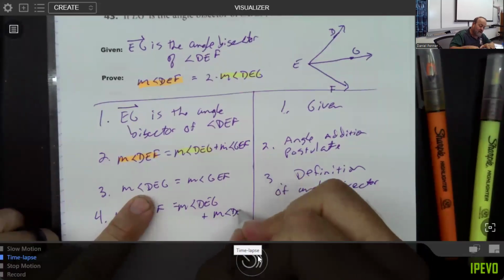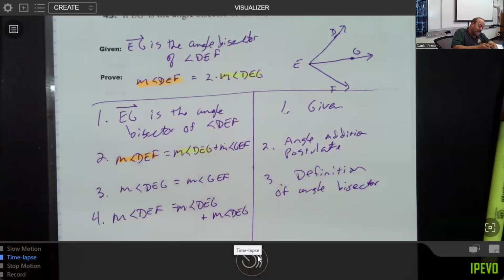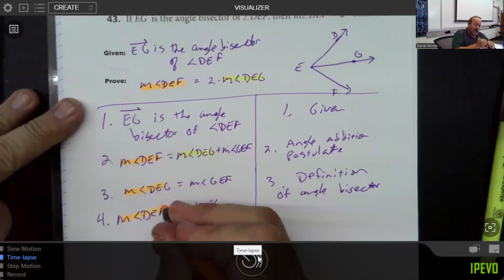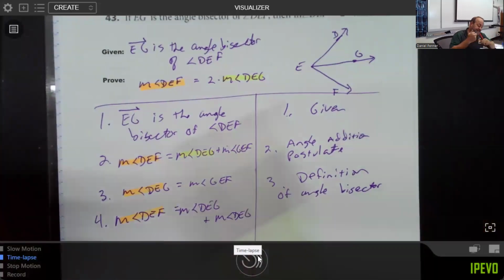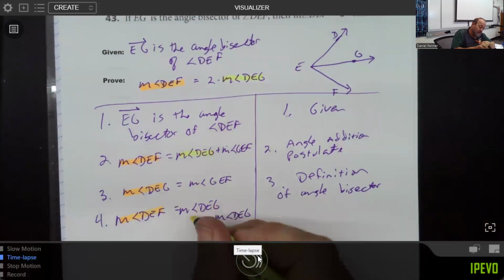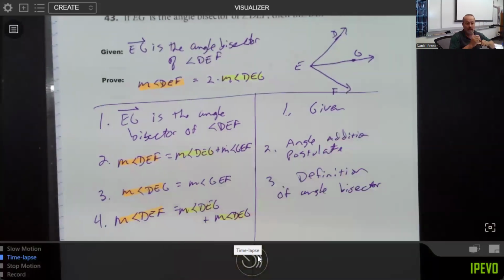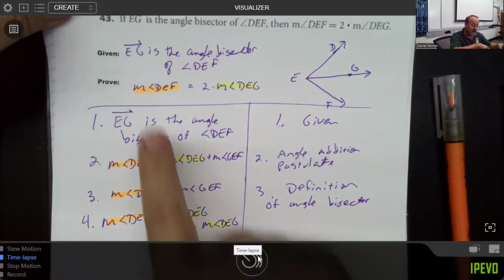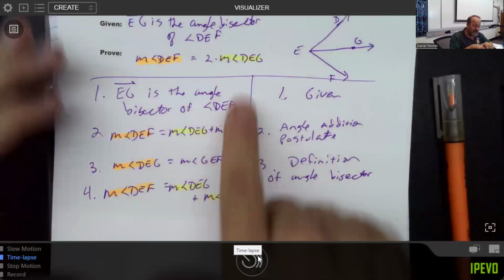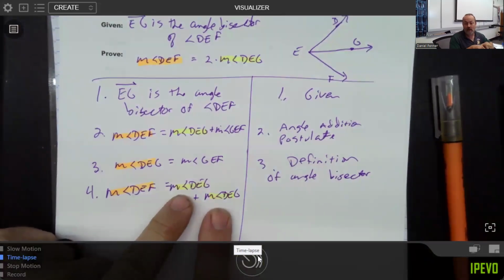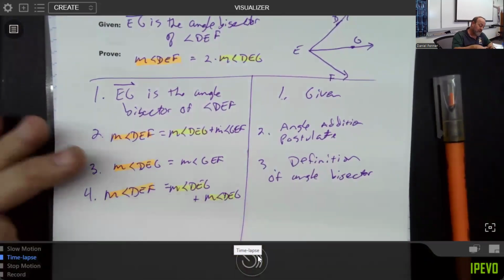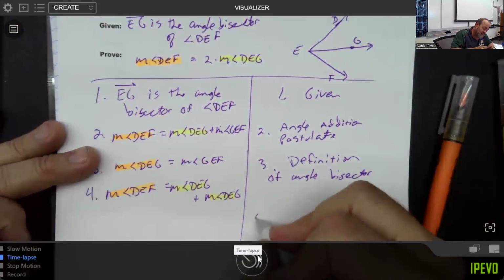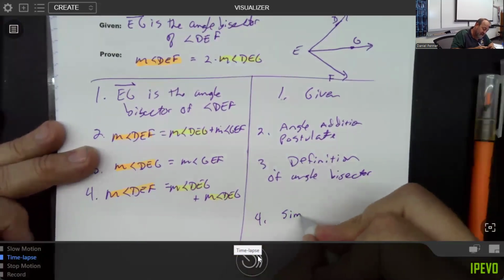Now, again, keep in mind, we still have what we wanted, right? And now all of a sudden, we have what we wanted both times. And that's getting now very close to what we wanted. I wanted a DEF and I wanted 2 of these, and that's actually exactly what I have, I have 2 of those. So the only thing I need left to do is to simplify my statement.